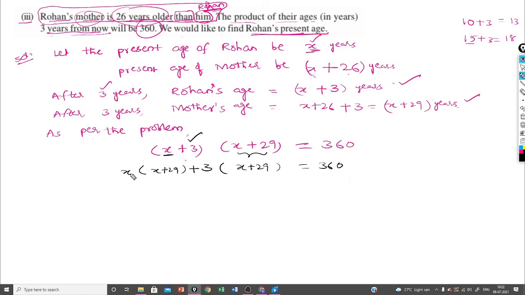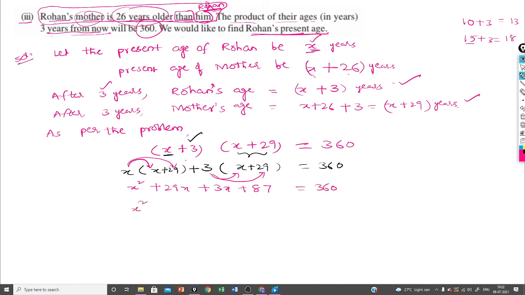Now it is like a monomial multiplied with a binomial. X into x will be x square, x into 29 will be 29x, 3 into x will be 3x, 3 into 29 will be 87, equal to 360.